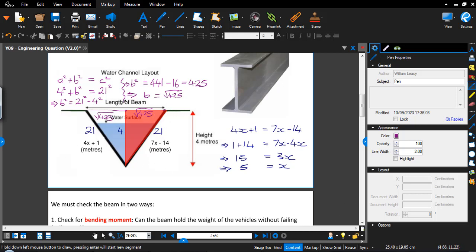So the length of the beam, we usually call that a span if it's going across open space. So let's just call it the span. It's the same as the length, okay? The span equals 2 times root 425. I'll just grab a calculator.